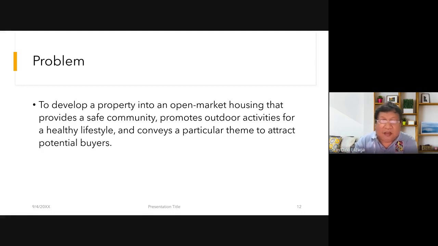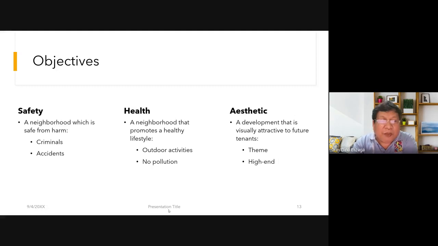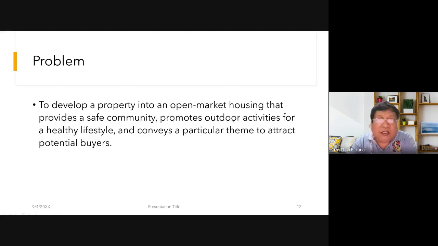Okay, and the sub problem is the same as the objectives. If we break this down into objectives, this time I call them objectives, I did not call them sub problems. So we end up with actually three: safety, health, and aesthetic. Because you can find it here in the statement: provides a safe community.